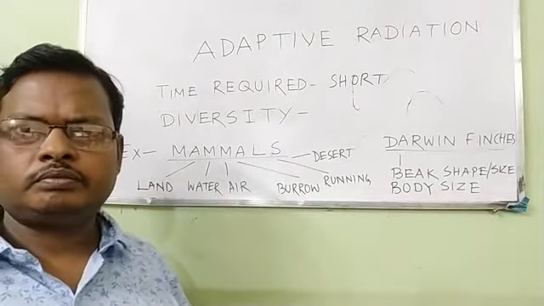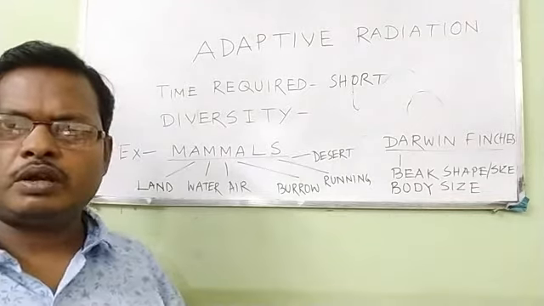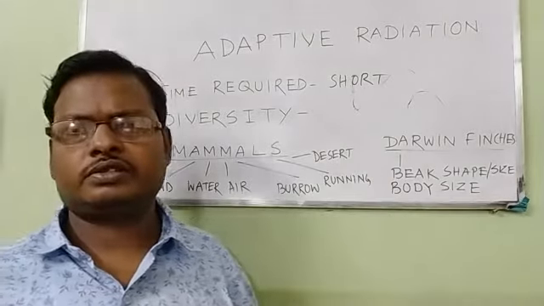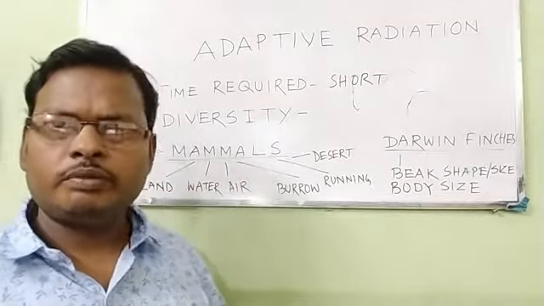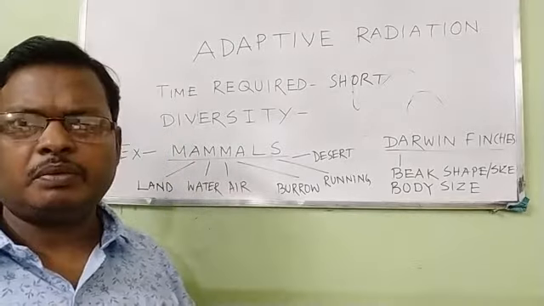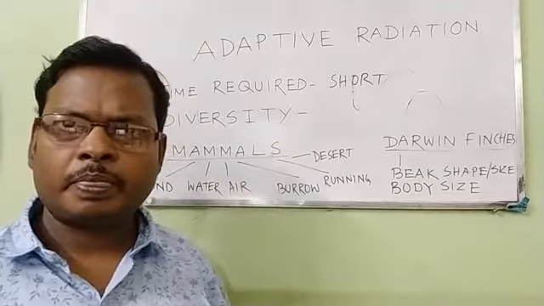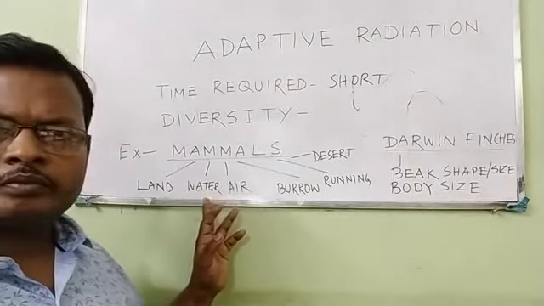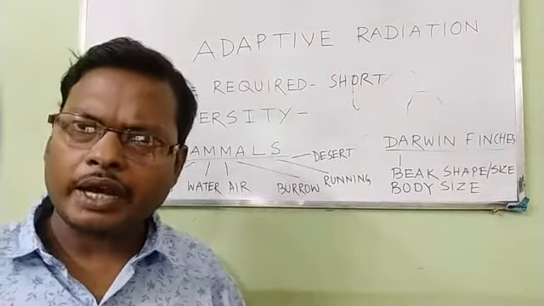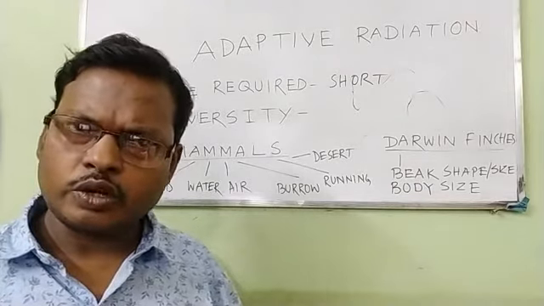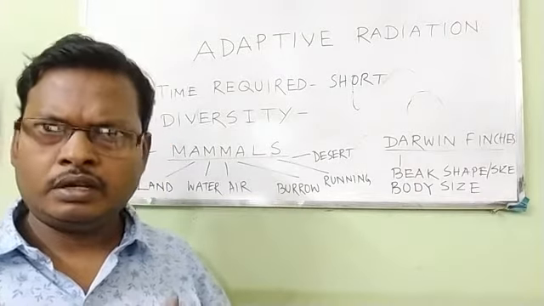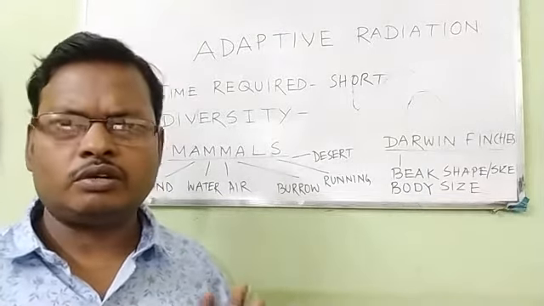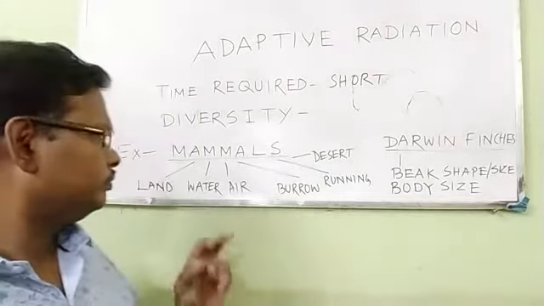They developed swimming or diving structures to live in this environment. They have flippers, they have an oar-like tail, they lack the sweat glands and hairs, which are not required for the aquatic environment.